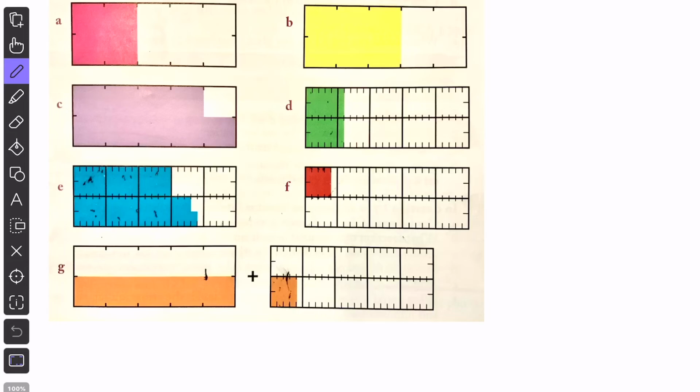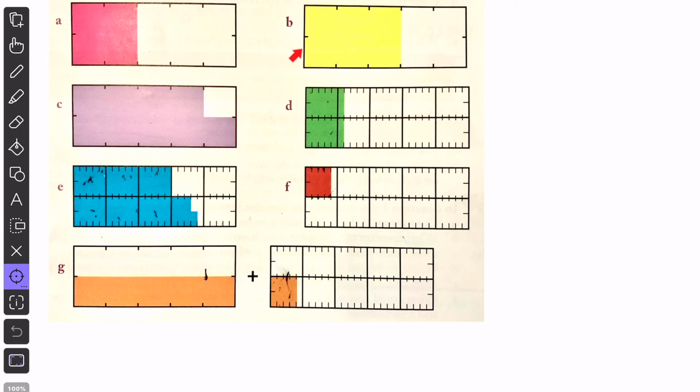Okay, so let's have a look at our questions that I'd like you to answer now, after hearing all of that about the tenths and hundredths. Right, so now we have some images here of tenths and hundredths. So we have A here, we've got B, C, D, E, F, and the last one there, G. So obviously A has this rectangle broken into 10 parts, so that each one of these is going to be represented by a tenth.